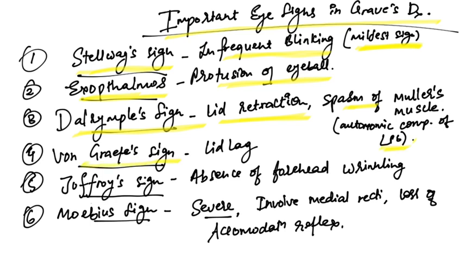Now, Von Graefe's sign is lid lag. Now, Joffroy's sign is absence of forehead wrinkling when the patient looks up. Now, Mobius sign is severe involvement, and it involves the medial rectus muscle and loss of accommodation reflex. Now, these are the points which are commonly asked. They frame these points sometimes in a clinical question also, so you need to remember these.